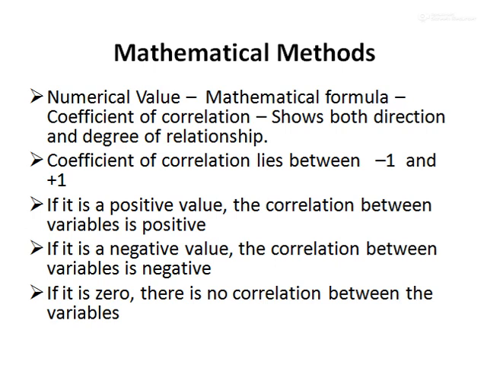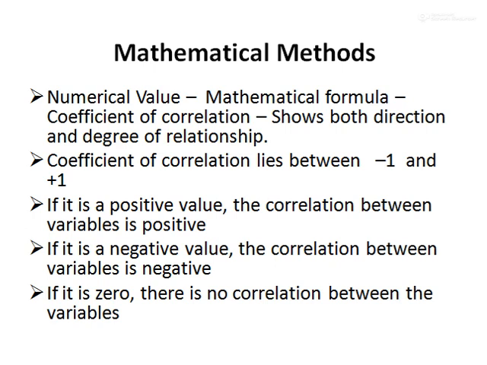The value so obtained explains both the direction and the degree of relationship that exists between the variables, and this value is commonly known as coefficient of correlation.